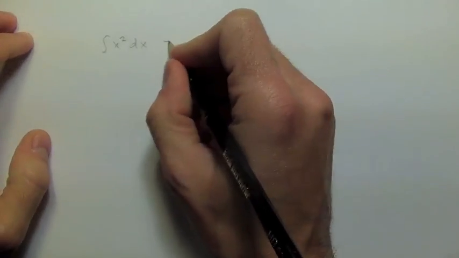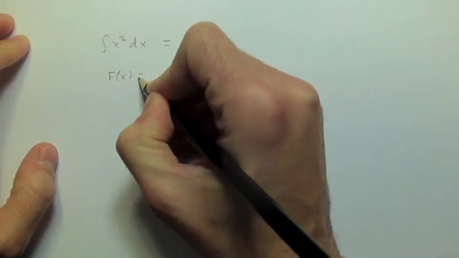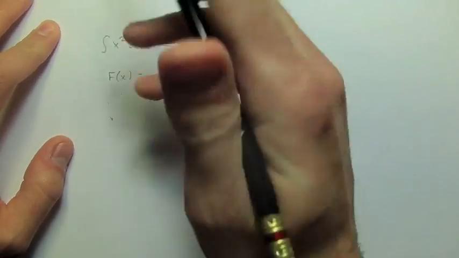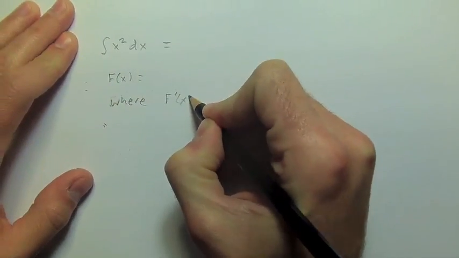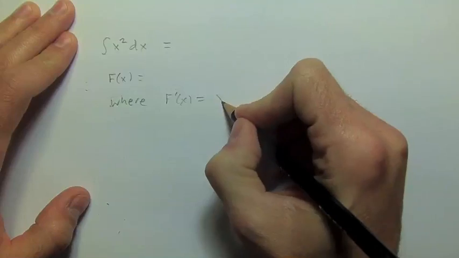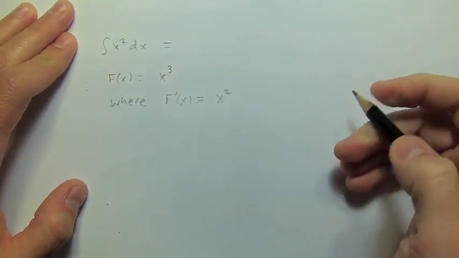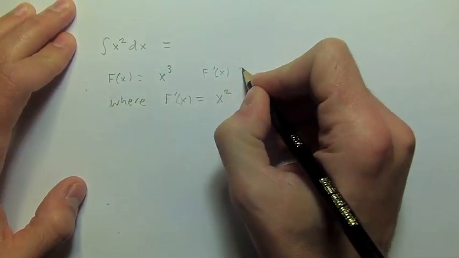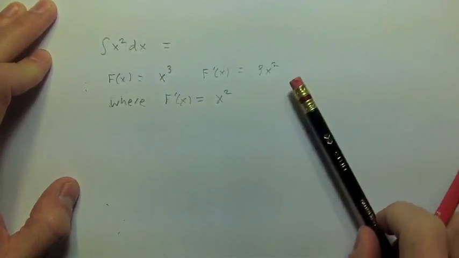Remember we want the antiderivative of that, so we want a function capital F of x where capital F prime of x is going to be x squared. So of course x cubed is a good way to start, but when we take the derivative of that, we get 3x squared. So what should we add in to get rid of that 3? Think about that.